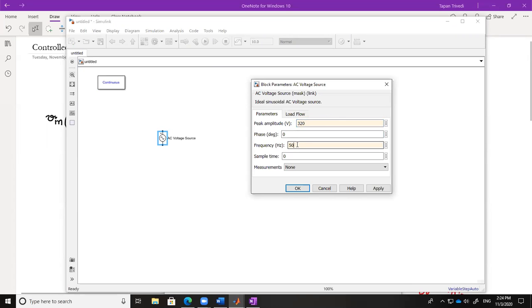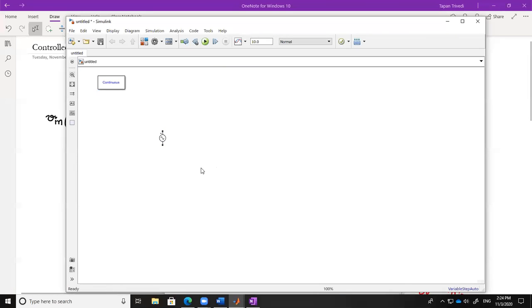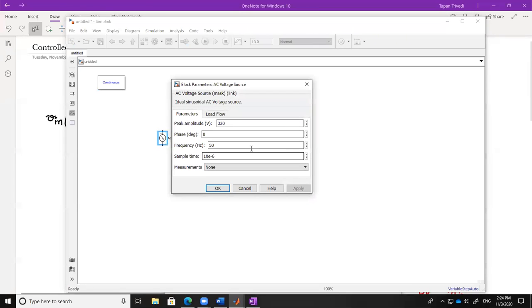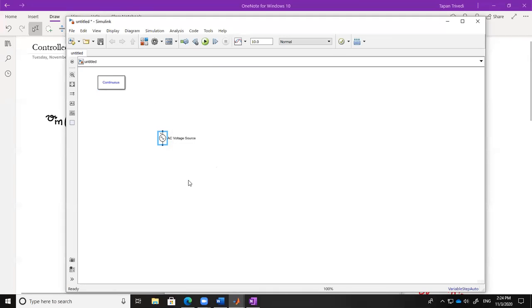Frequency will be 50 Hertz, and sample time should be set to 10e-6. This is just for my convenience. You can set it to 100 microseconds also. So this way I have defined the parameters of the AC voltage source.